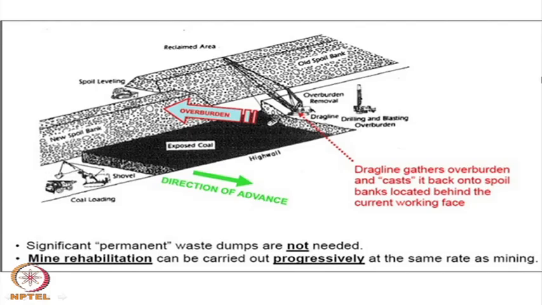Now, when the dragline returns after going up to the end of the boundary of your deposit or lease, then it will start taking another block of 30 meter or 40 meter, whatever it is, and the dragline will be moving in this direction, the face will be moving in this direction. At that time, this overburden will be placed over here, and this spoil dump will be growing in these directions. So, does it give you an idea of what dragline mining is, and how we proceed?